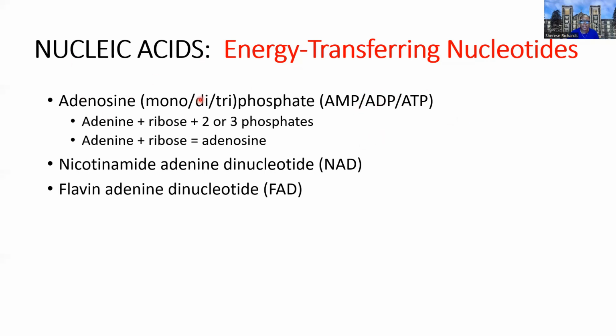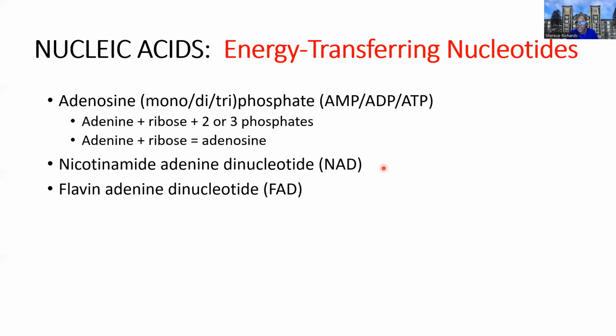And one of the major roles of the food that we eat to nourish our body is to make ATP. ATP is our biggest energy currency, and it will help us generate the energy that's needed for all of what the body is able to do. Another example is NAD, nicotinamide adenine dinucleotide.